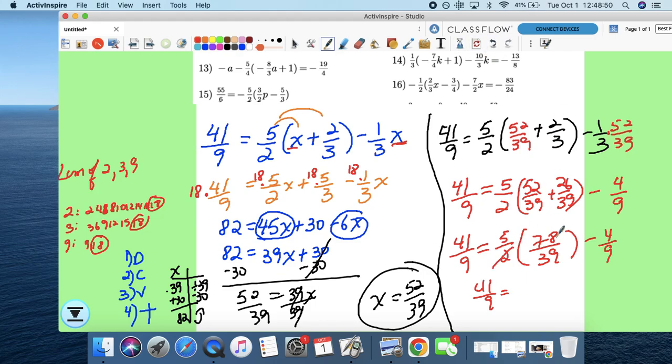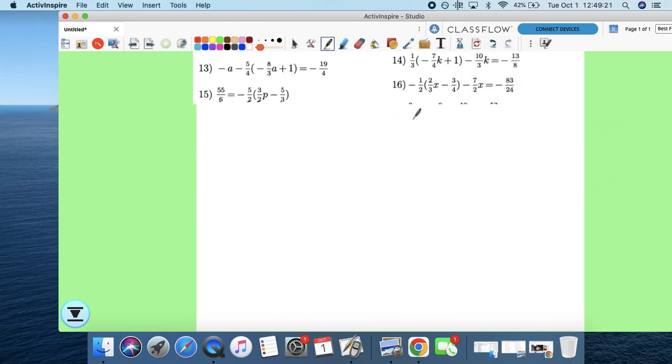Let's see, that becomes 2, and that's 39, and this is going to be all just 5, so we're going to get 5 minus 4 over 9, and that equals 4 5/9, which, by the way, is exactly the same as the other side. So my check worked. So you might be very thankful you have a calculator there.